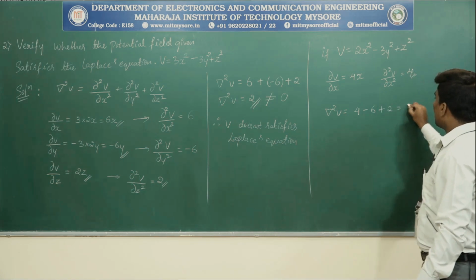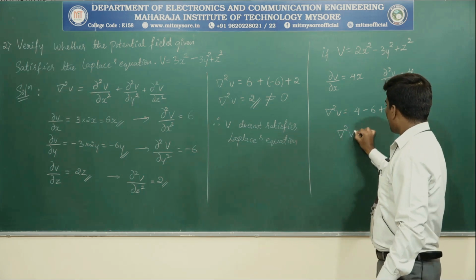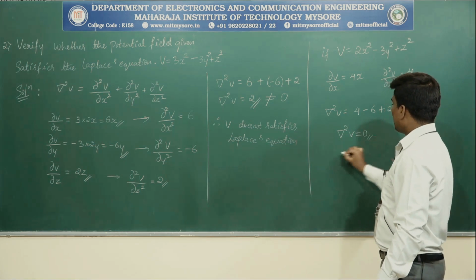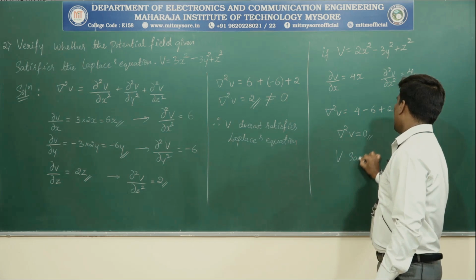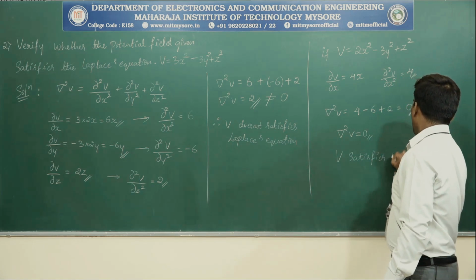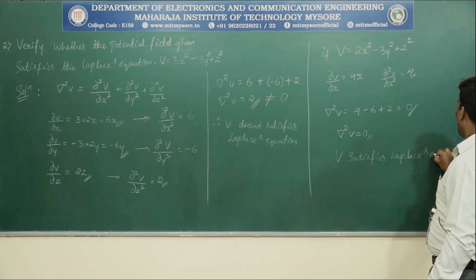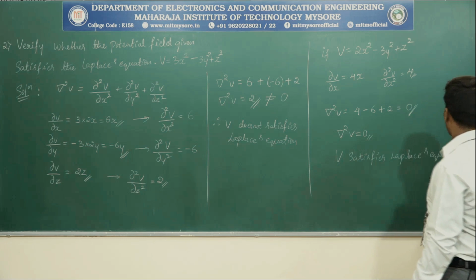What is the result? 0. Under this circumstance, gradient square V is equal to 0. That means V satisfies the Laplace equation.